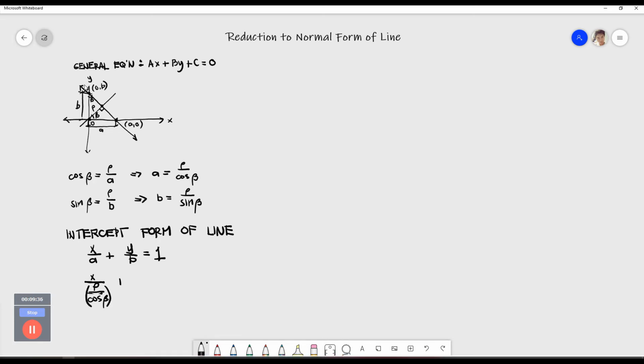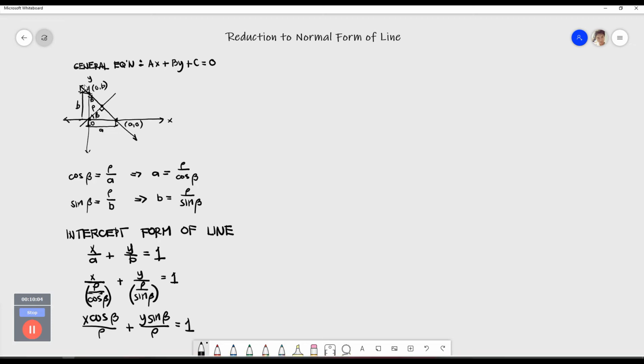Plus y over rho over sine beta, which is equal to 1. Simplifying this, it is also equal to x cosine of beta over rho plus y sine of beta over rho is equal to 1.